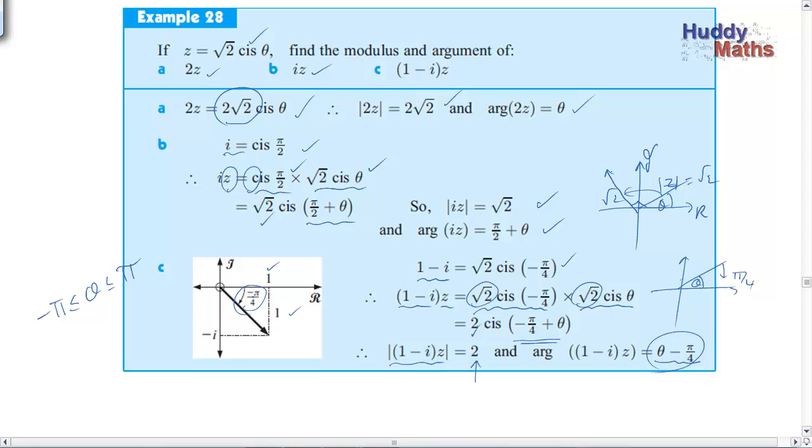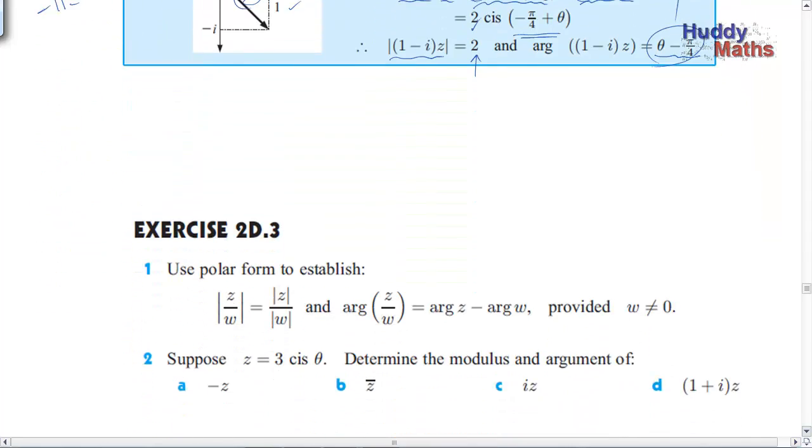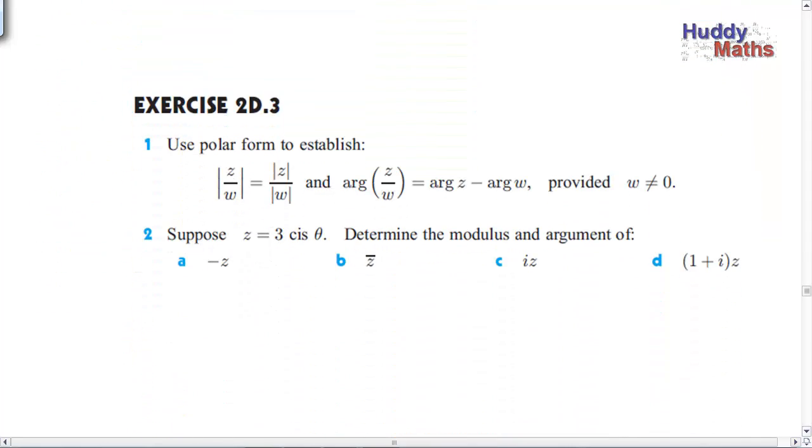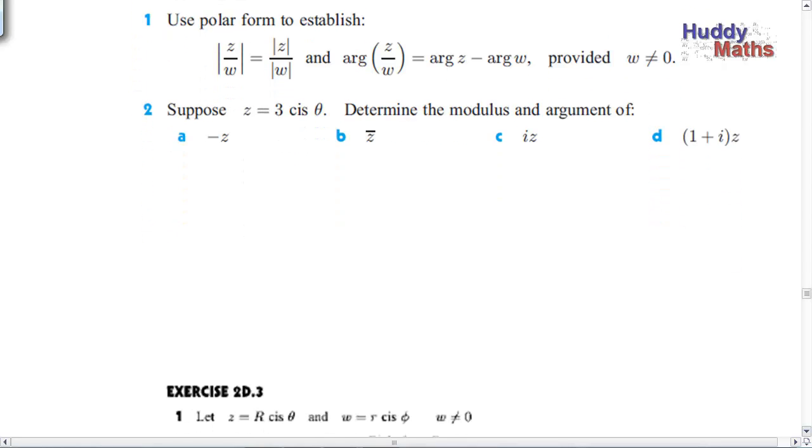This one has got a change in size: root 2 has gone to 2, because the size of the other complex number was not 1, it was root 2. So think about that geometry. All right, come down and have a go. There's a couple of little things to play with there of a proof nature. Have a go and I'll show you the answers now.